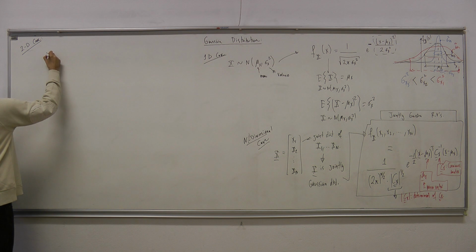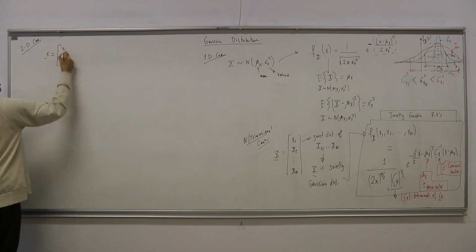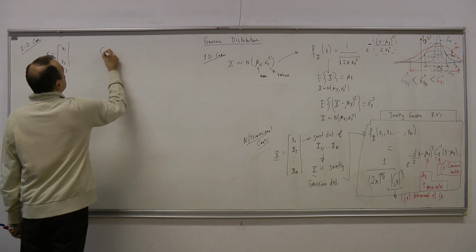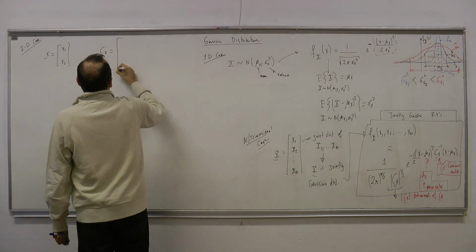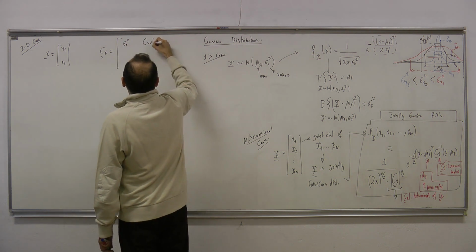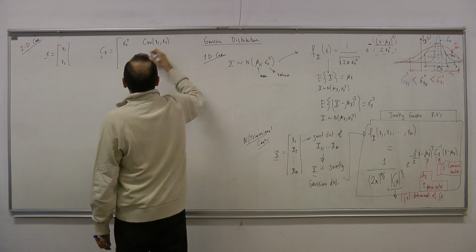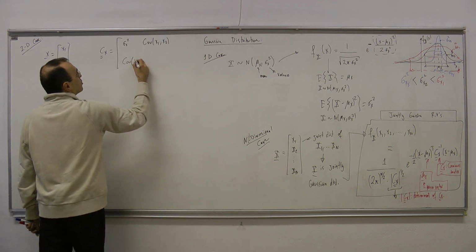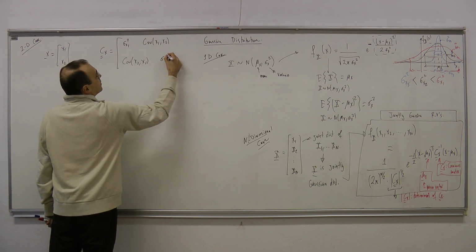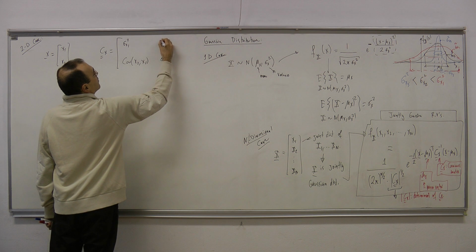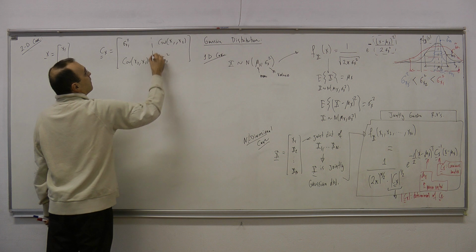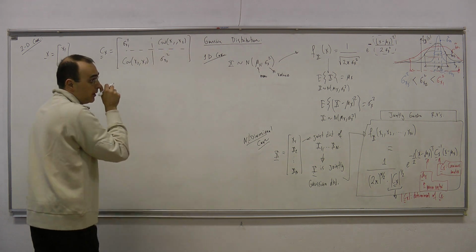So let me write then, if I assume x1, x2, 2 random variables, then the Cx is equal to, so this is sigma x square, covariance of x1, x2. This is covariance of x2, x1. This is, let me move this. I have this. So this is my Cx matrix.